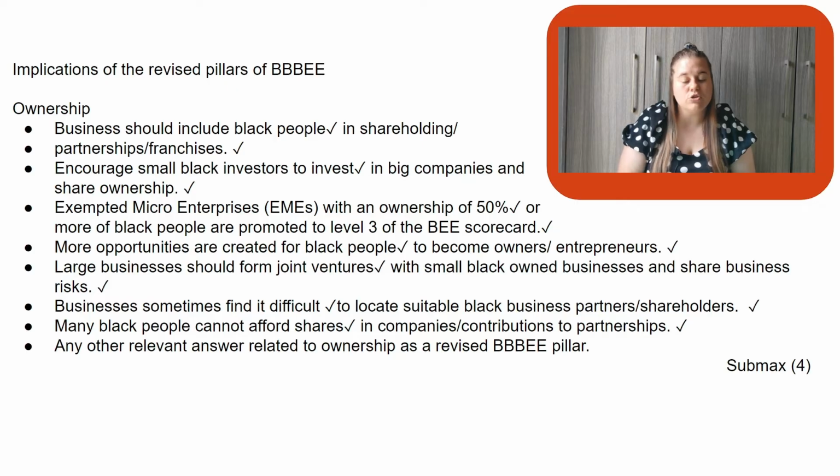More opportunities created for Black people to become owners and entrepreneurs. Large businesses should form joint ventures with small Black-owned businesses and share business risks. Businesses sometimes find it difficult to locate suitable Black business partners or shareholders. Many Black people cannot afford shares in businesses and contributions to partnerships.